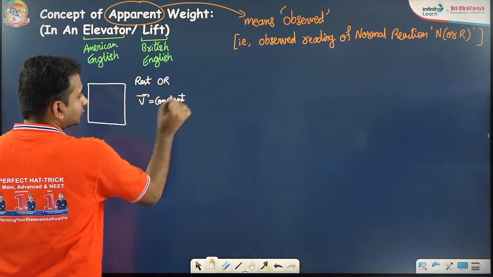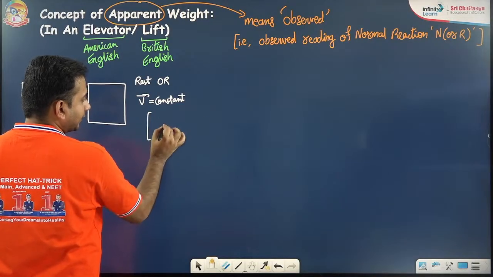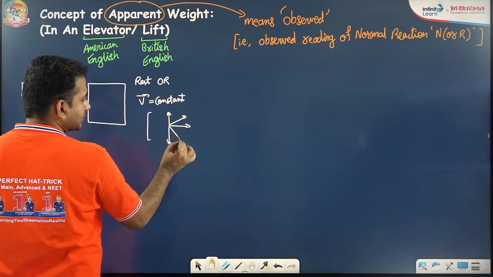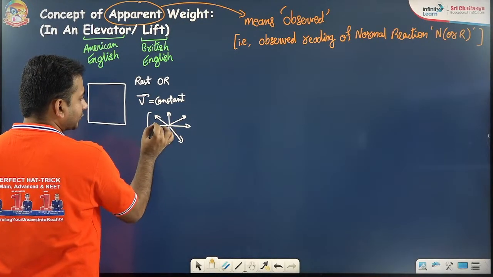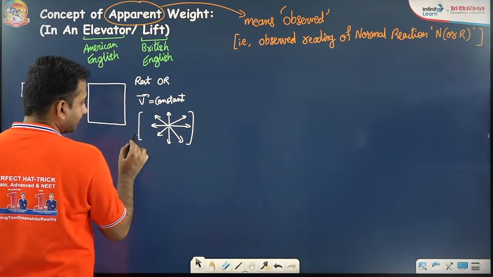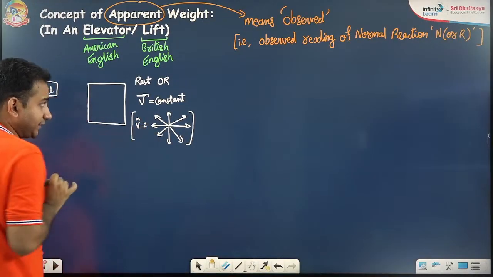When it is moving with constant velocity, it can move in any direction, like this, like this, like this. It can be moving in any direction so far. V cap means the direction of velocity.